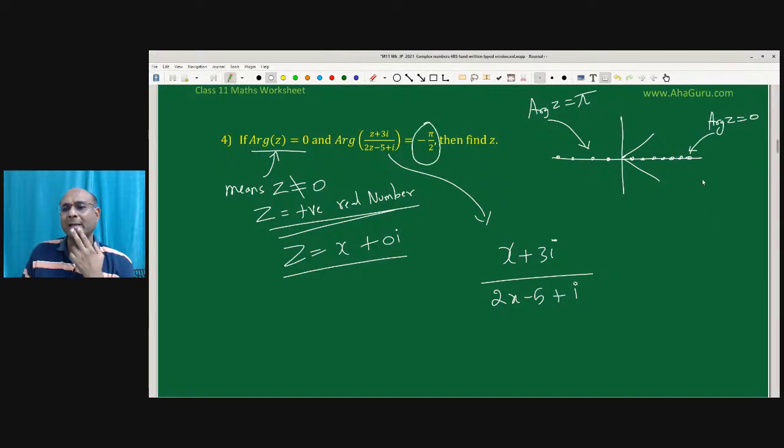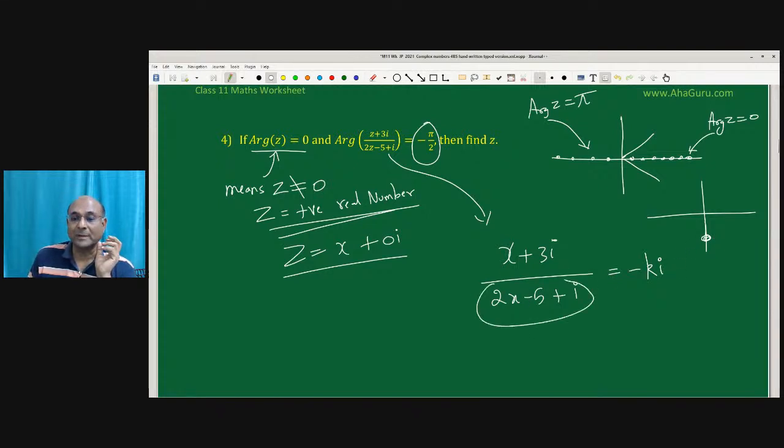What does that mean? If this is plus pi by 2, this is minus pi by 2. So this number is not only imaginary, it is some negative k times i. Minus ki. This is what I have.